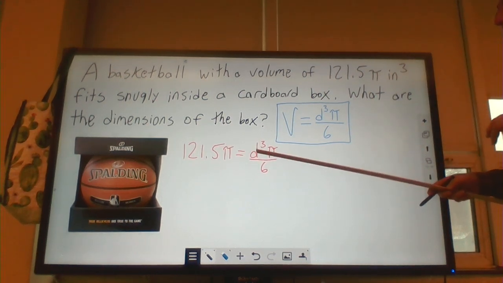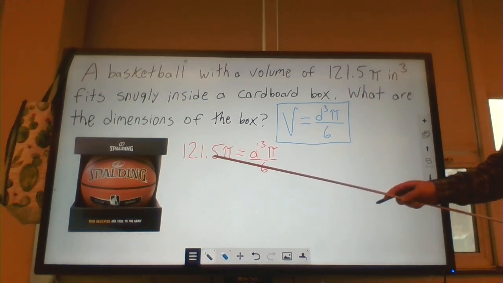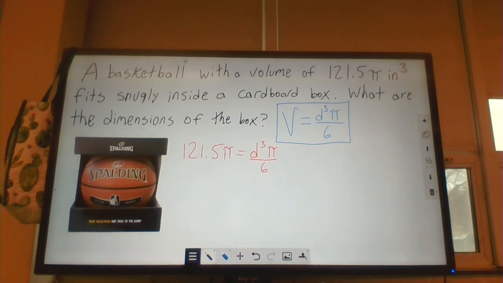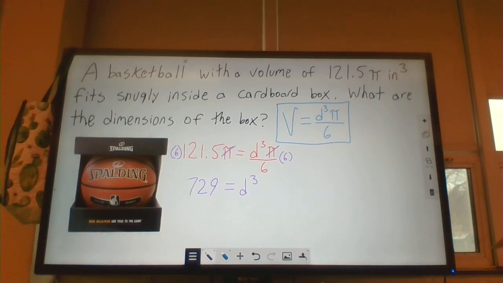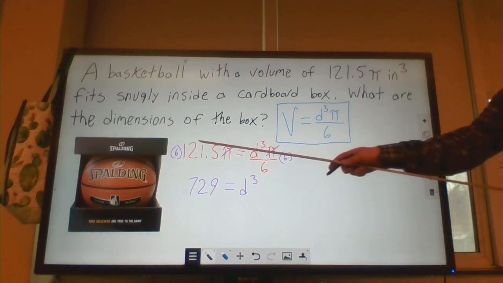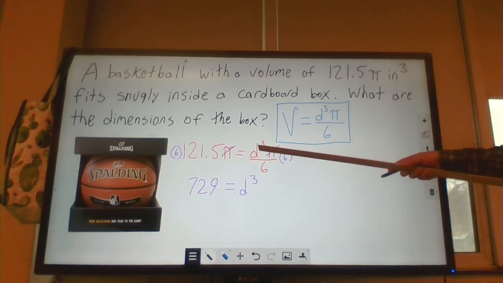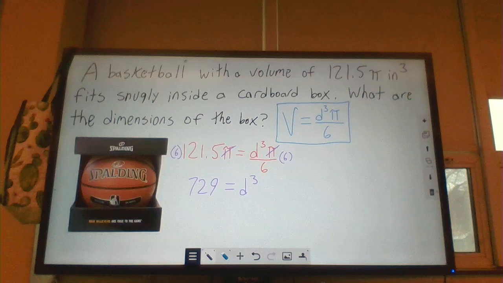So, since we know the volume already, 121.5 pi, we can set it in for V and then solve for d. The first thing we should do is divide both the pi's away and then also multiply both sides by 6 to try and isolate our d cubed.